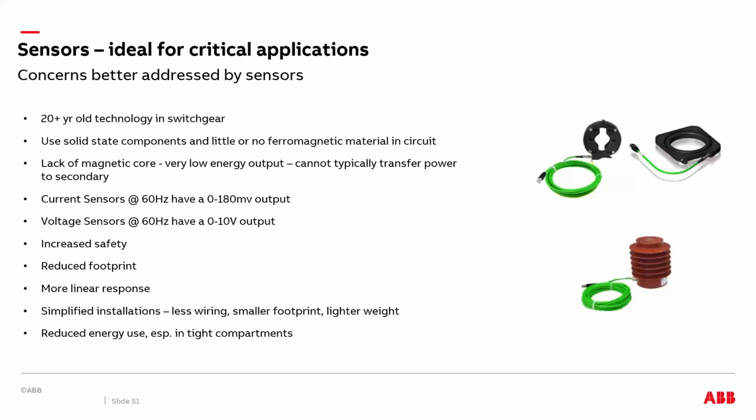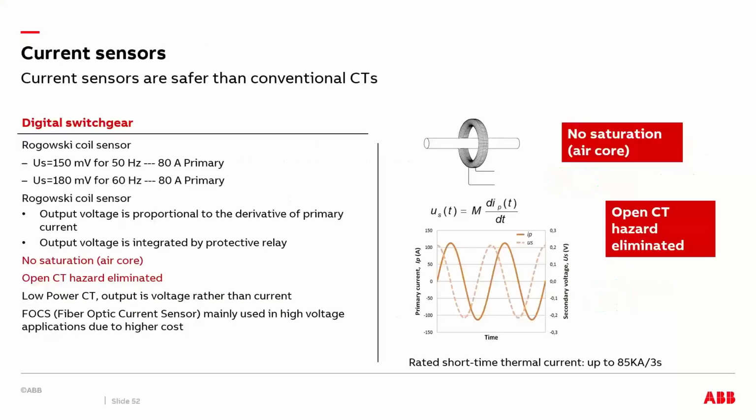They have more flexibility when it comes to the range of voltage and current that they can read. So for 7,000 volts or for 14,400 volts, you're going to use the same voltage sensor. And likewise for a 1,200 amp or a 4,000 amp current sensor, you don't need to replace it.